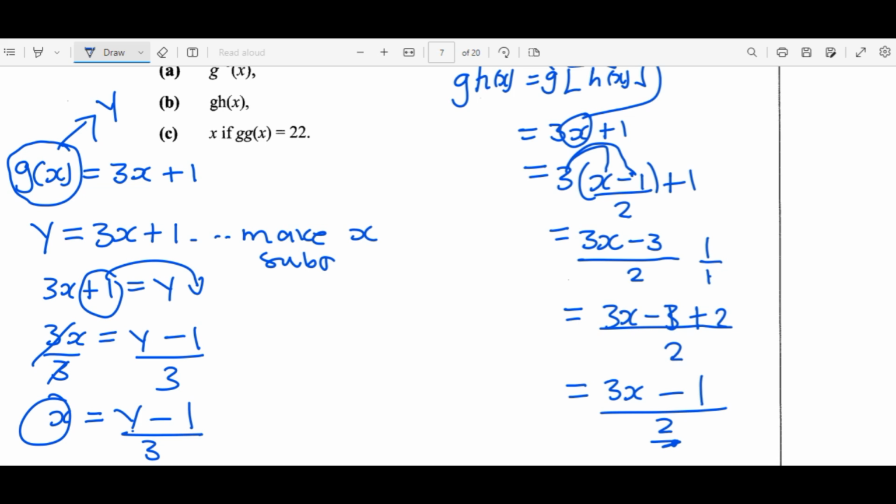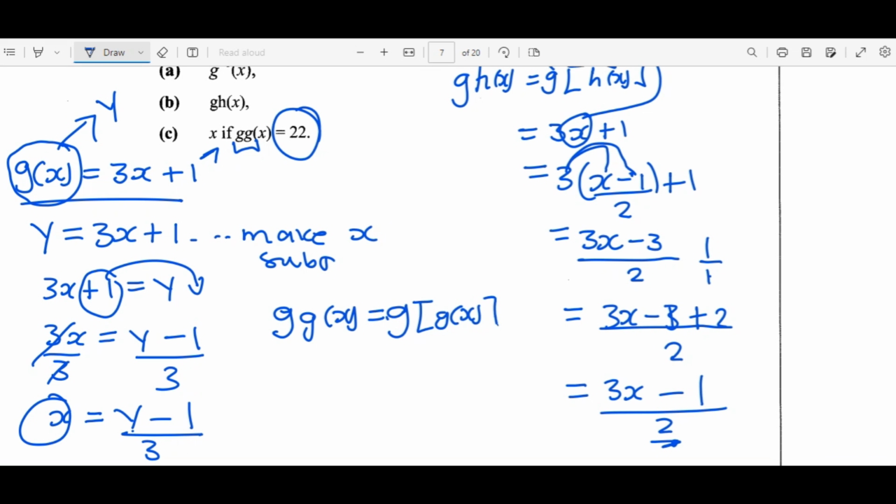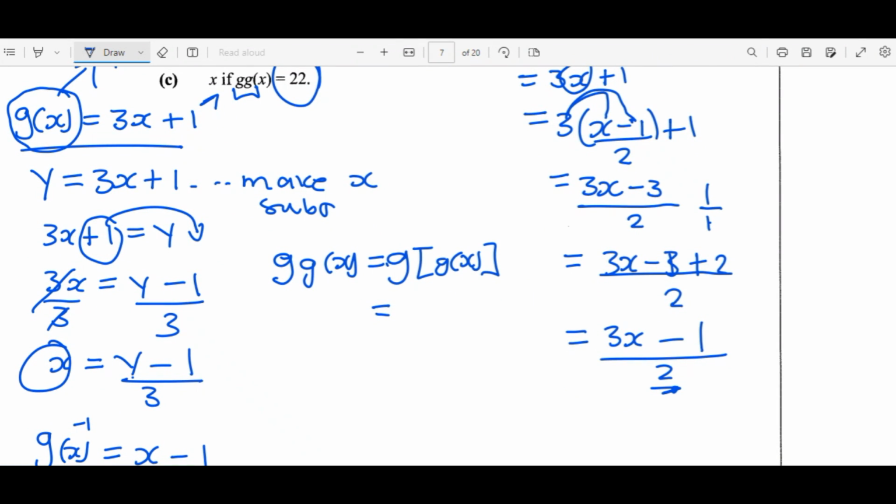Now question C, we are trying to find the value of x if gg of x is equal to 22. So here we are first going to find the composite function of g with itself. So let's find gg of x. For this one, we are trying to combine the same function.